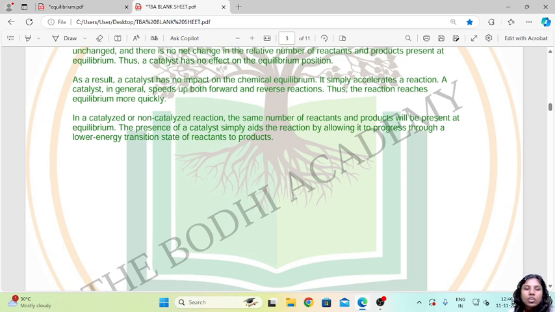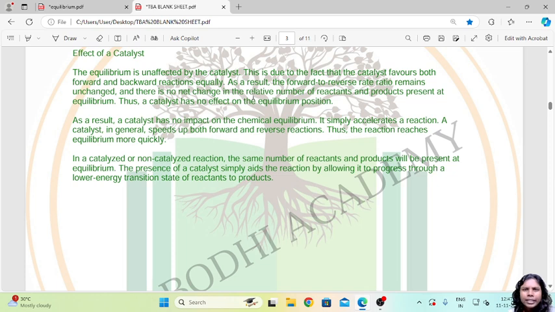In a catalyzed or a non-catalyzed reaction, the same number of reactants and products will be present at equilibrium. The presence of a catalyst will simply aid the reaction by allowing it to progress through a low energy transition state of reactants or products. Overall, the catalyst is not going to have any effect on the equilibrium constant. It will make the reaction reach equilibrium more quickly, but the equilibrium constant will not be affected.